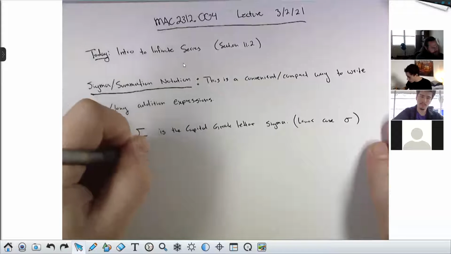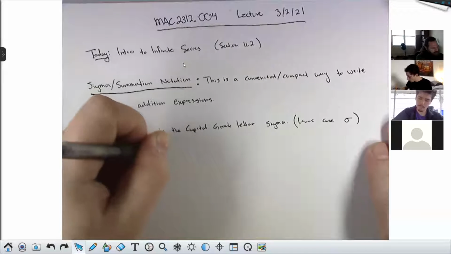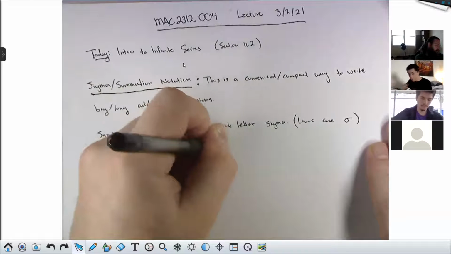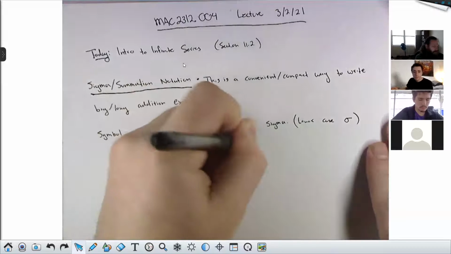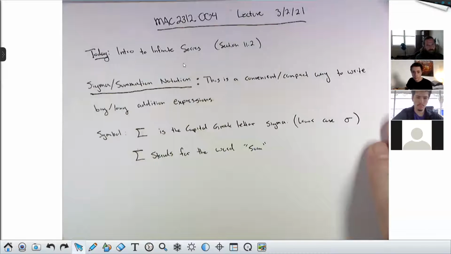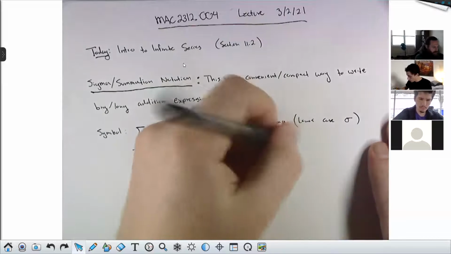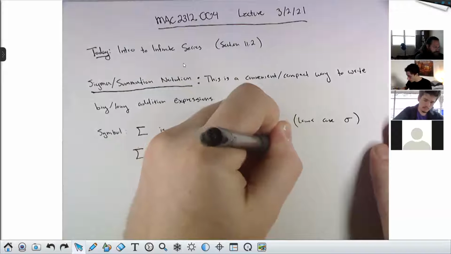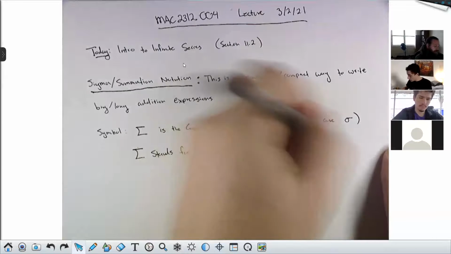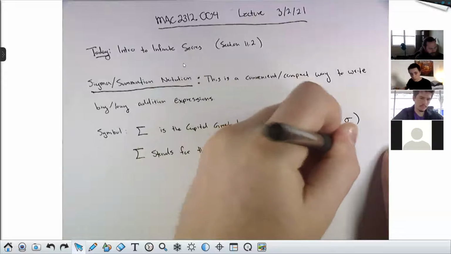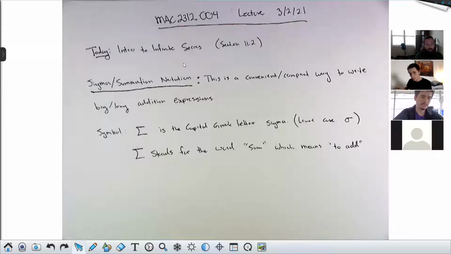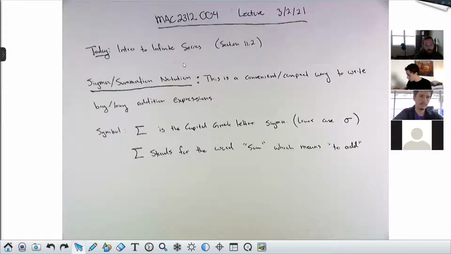Sigma stands for the word sum, S-U-M, which you know means to add. So it's a verb, right? To add is a verb.